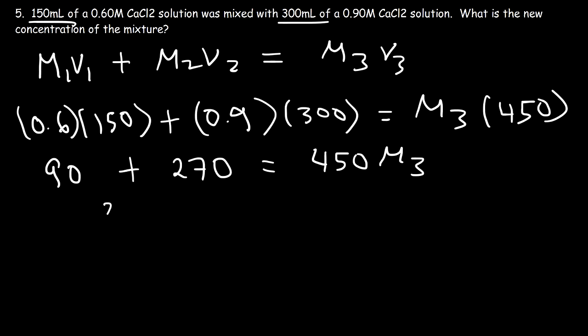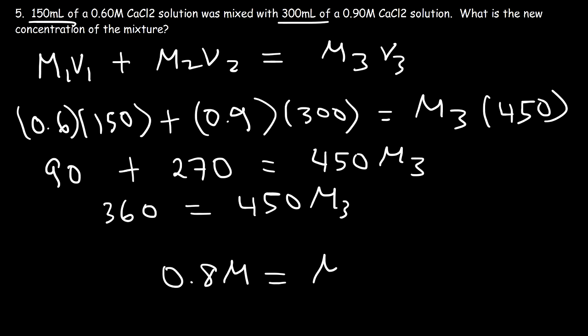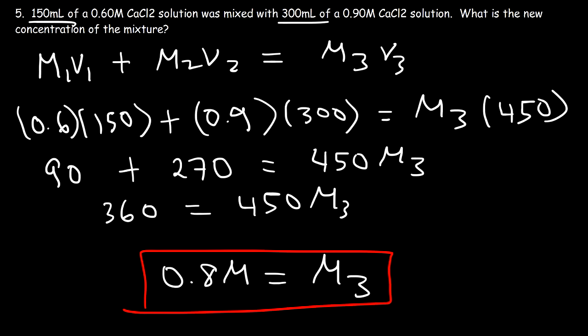90 plus 270, that's 360. So to find M3, it's going to be 360 divided by 450, which is 0.8. So that's the concentration of the combined mixture. As we said before, it's between 0.6 and 0.9, but it's closer to 0.9 because the midpoint between 0.6 and 0.9 we said is 0.75.